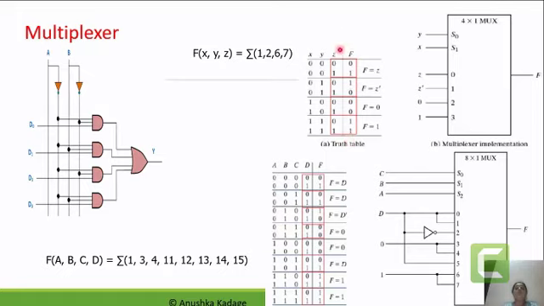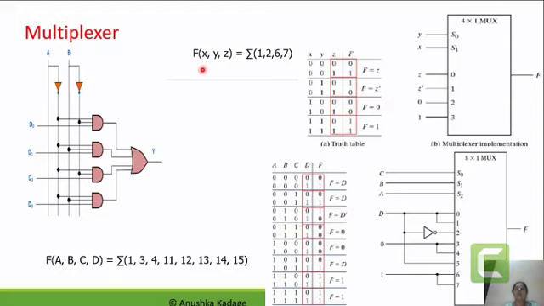Now we want this output to be represented in terms of these variables, because in a multiplexer, with respect to any of these input combinations, one of the function outputs will be mentioned. So here we are taking these lines for the inputs to be defined for the multiplexer and the corresponding output line to be defined for this multiplexer block.